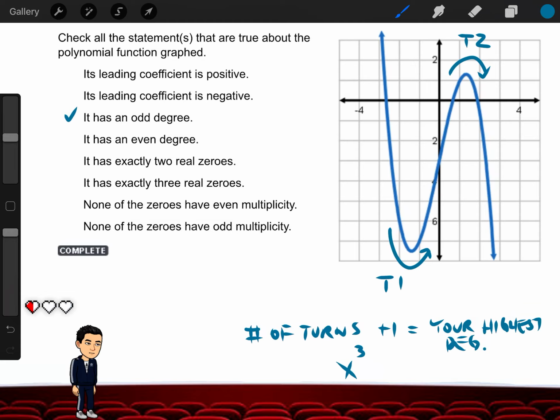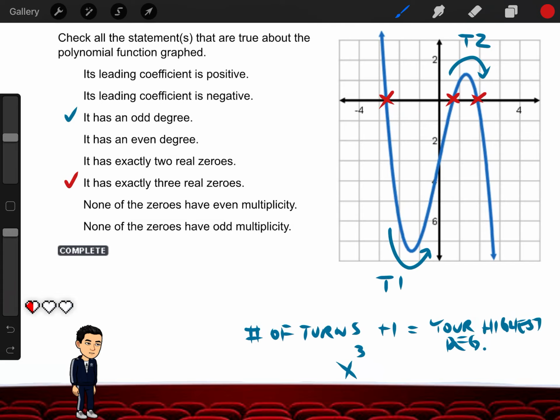The next one you want to check is how many zeros, so how many x-intercepts you have. 1, 2, 3. So you're going to say that it has exactly 3 real zeros. These are all the real number zeros.